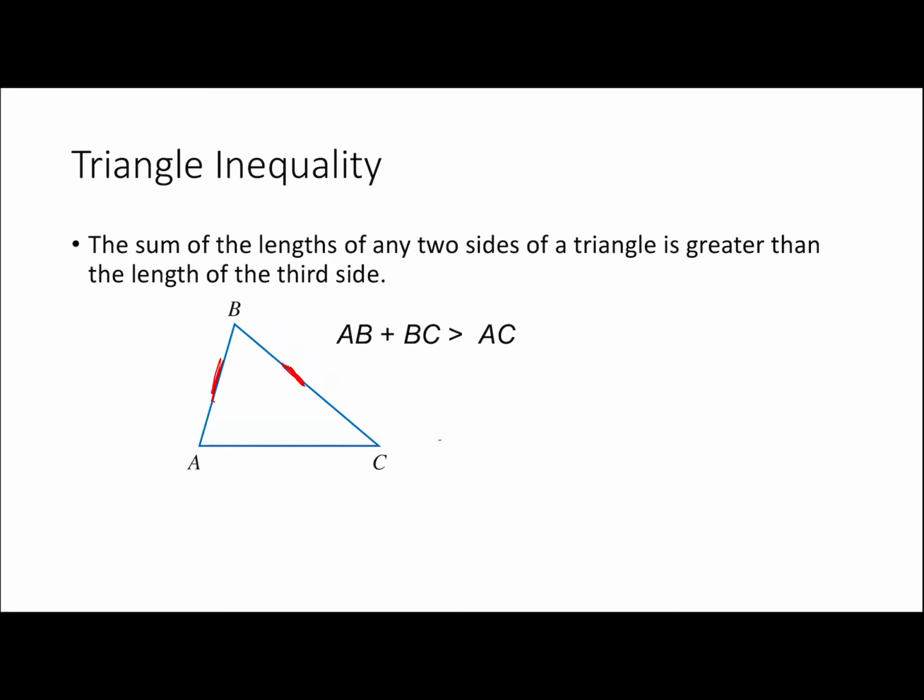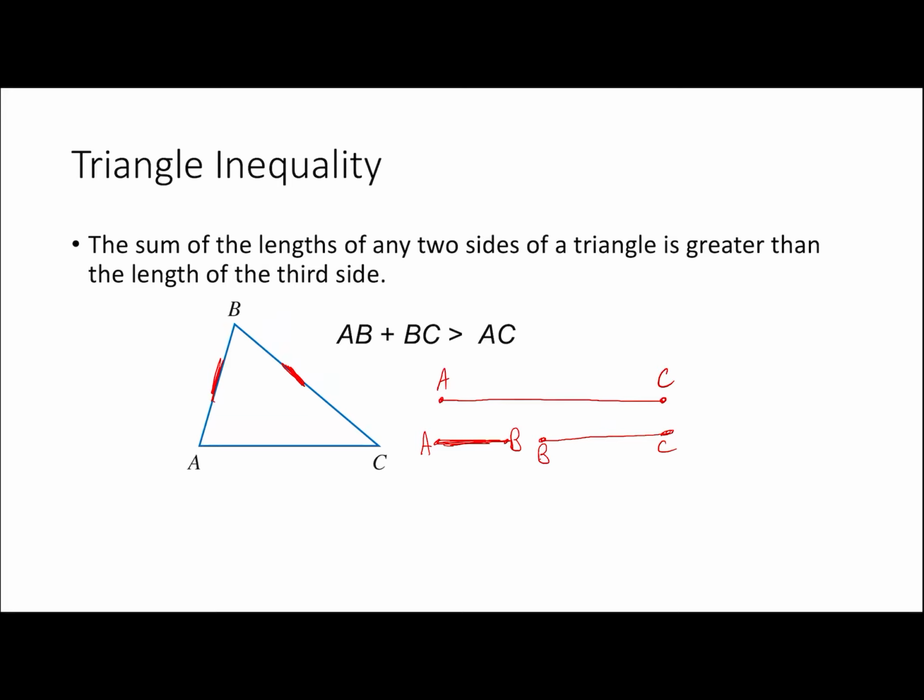Because if it were to be equal to the third side, so let's say this is AB, and let's say that this is BC, then the distance from A to C, if that distance is smaller than AB plus BC, you can have a triangle.